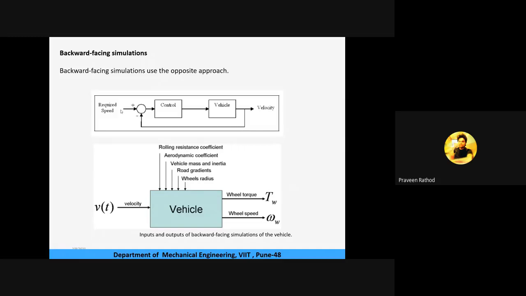In the forward facing model, the input components are generalized forces and the outputs are generalized motion. Here it is the reverse. In the backward facing model, the inputs are the generalized motions and the outputs are the generalized forces. This is the difference between the backward facing model and the forward facing model. Okay, so we will stop over here.